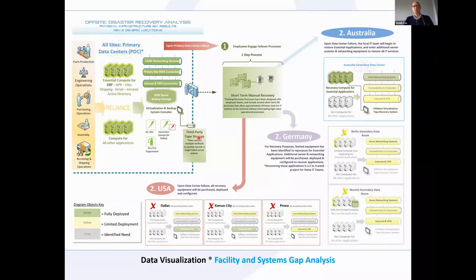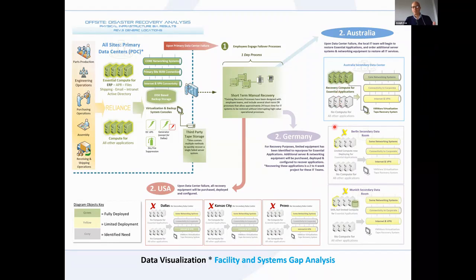So if you're in a company where you have third-party tape storage, in a disaster where a data center like this is hit, if your locations look more like these for recovery capability, where you have a couple of servers for essential compute, you're obviously going to have something to work off of.